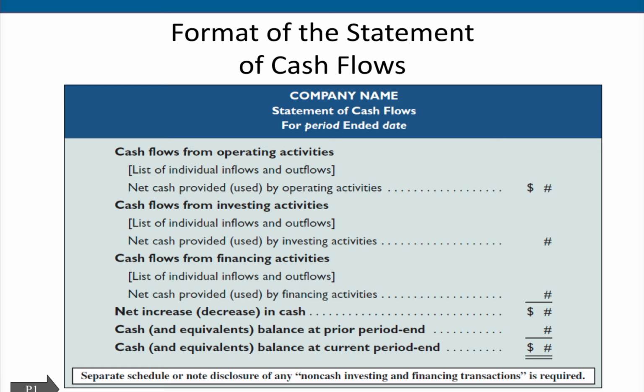So this whole statement is essentially a reconciliation between beginning cash balance and ending cash balance. And everything that affected that should be listed out under its individual category in the individual statement.